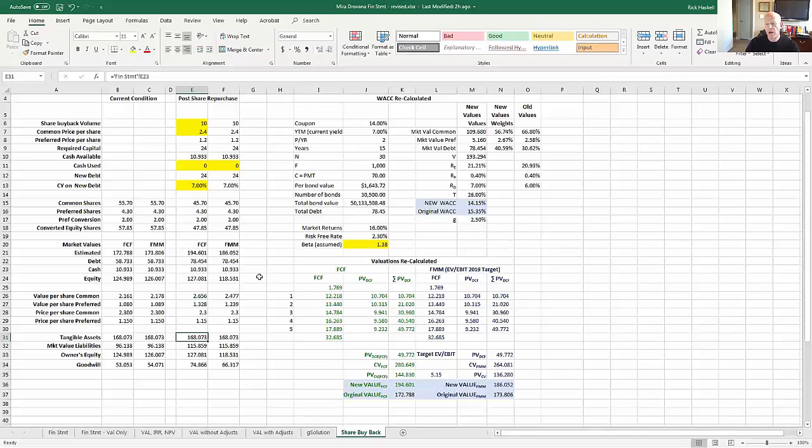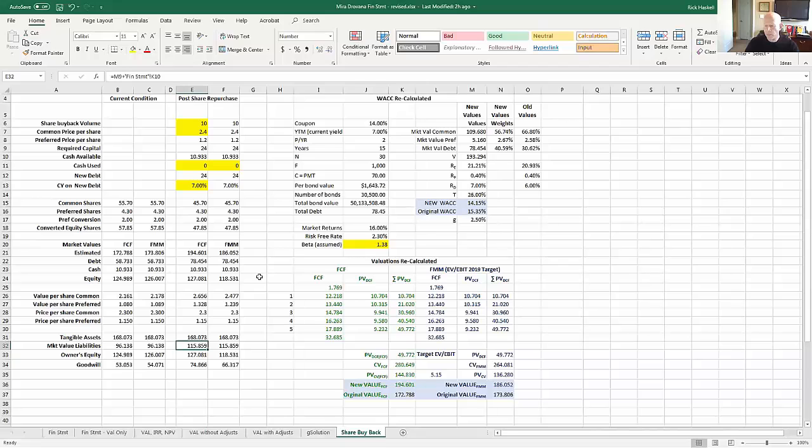Let's go back through our asset structure here to find goodwill now. And remember, we know the tangible assets from the balance sheet. We know the market value of the liabilities, because we know that not only from the balance sheet, but also from the estimated increase in the long-term debt.